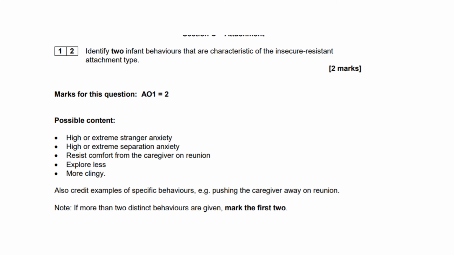Those are the 2 I would think of more quickly, shall I say. And then you've also got explore less, more clingy, things like that. But also look here at the bottom of the mark scheme, it's saying that if there are more than 2 distinct behaviours given, you've got to mark and only credit the first 2. So if you put down 5, you can only have the first 2 that you've written.